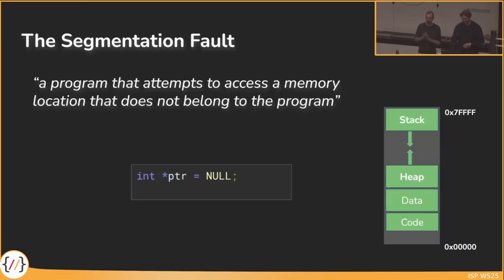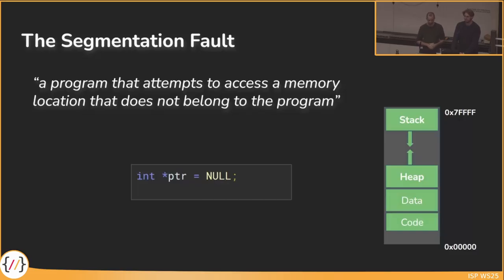So what is a segmentation fault? Let's see the theory behind. A segmentation fault is when a program, or let's say a piece of a program, attempts to access memory locations that do not belong to the program. So we are making a mistake. We are accessing something that does not belong to the program.